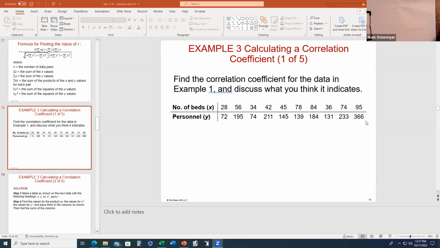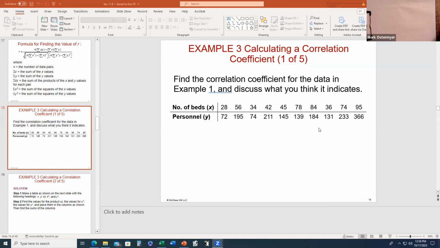We indicated that it appeared to have a direct correlation or a positive correlation. However, it did not appear to be an extremely strong direct correlation, as the points did not appear to lie on a straight line. So we would expect R to be positive, don't get me wrong, but we would not expect it to be exactly 1.